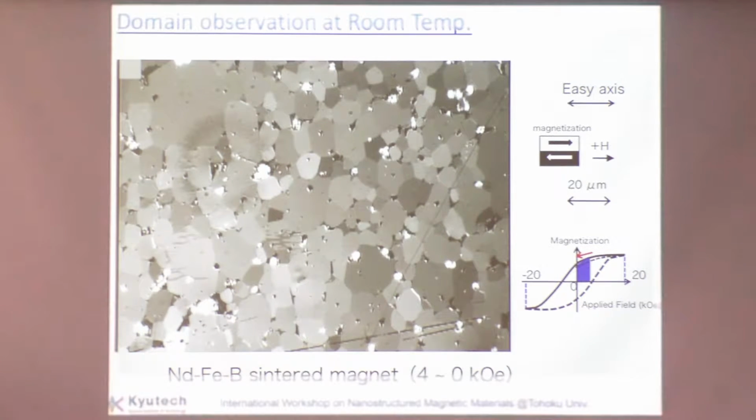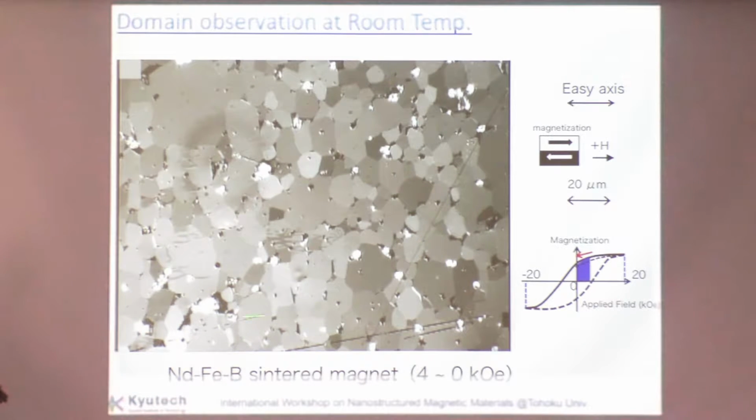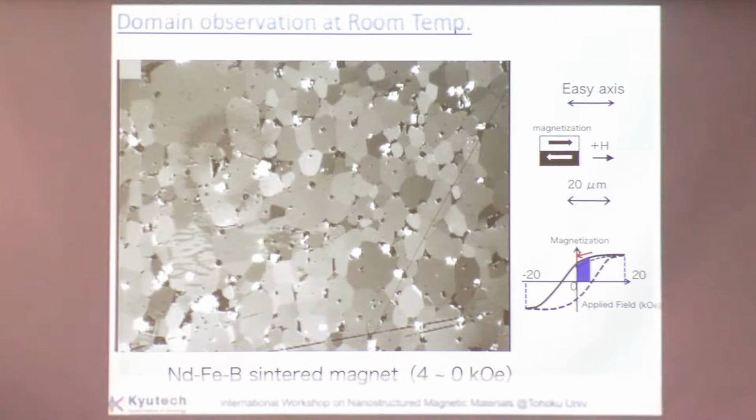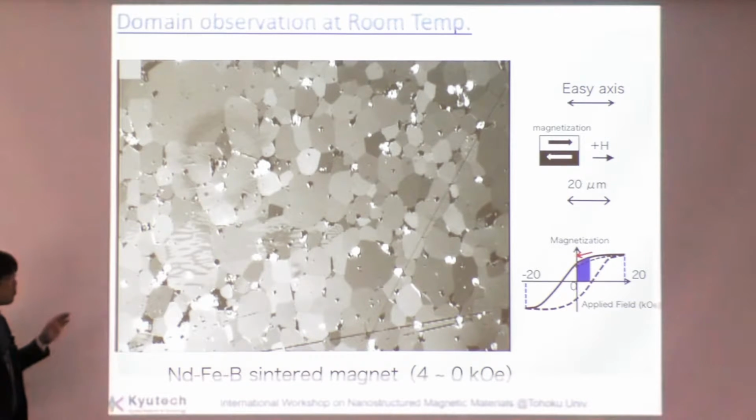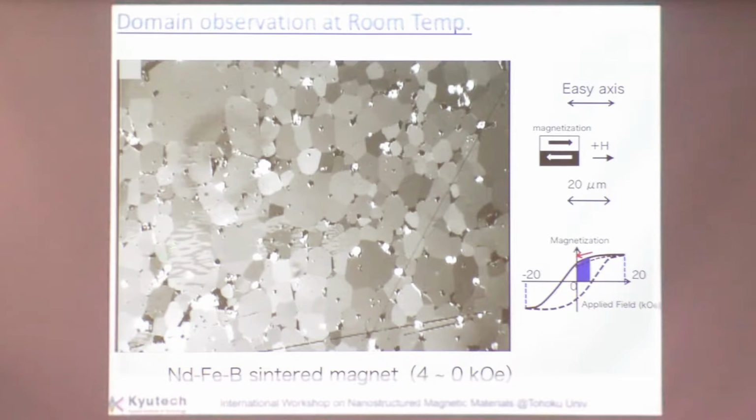Firstly, almost all grains show a bright contrast, which means a magnetized state. And when the magnetic field changed, you can see dark contrast in the grains.